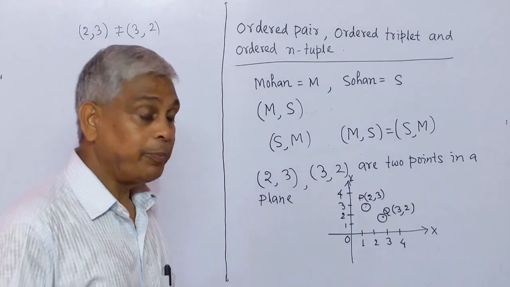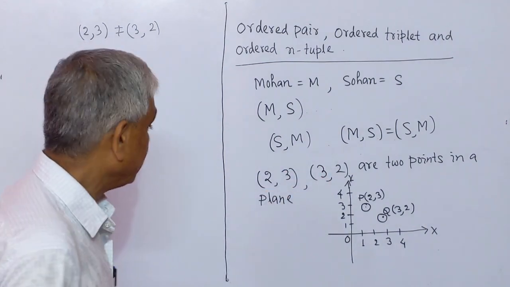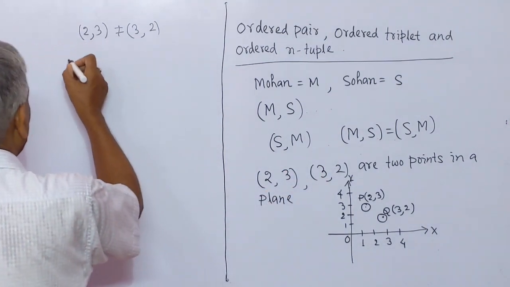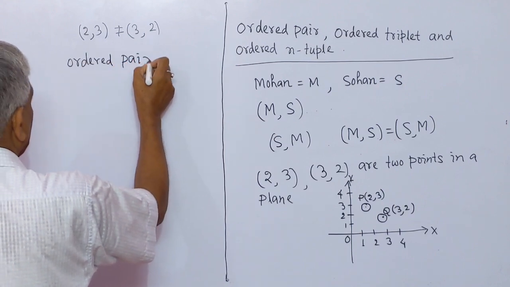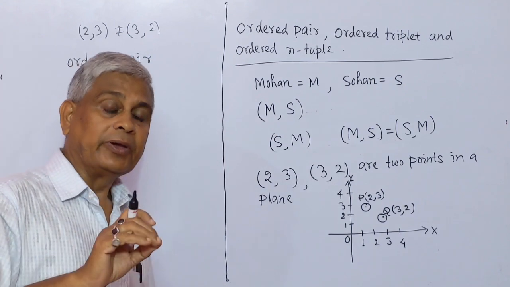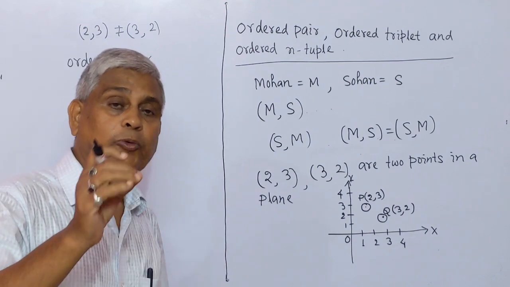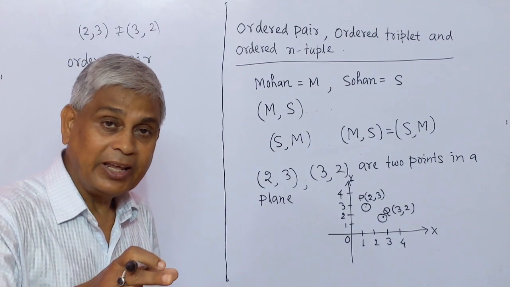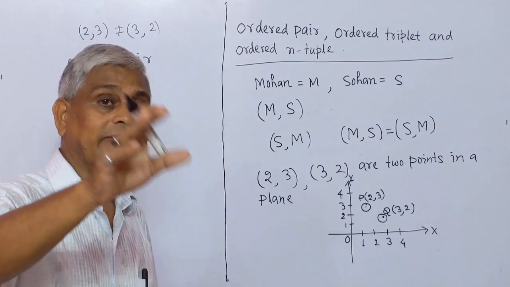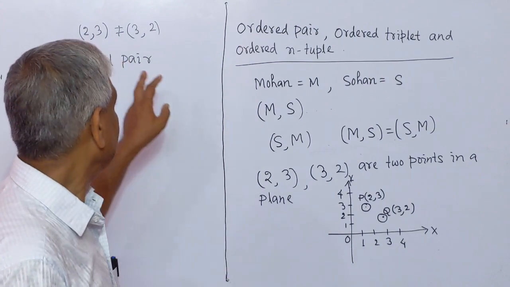So these types of pairs are known as ordered pairs. So we use the term ordered pair. If in a pair the order of the two entries is changed, and the meaning is changed, then that type of pair is known as an ordered pair.